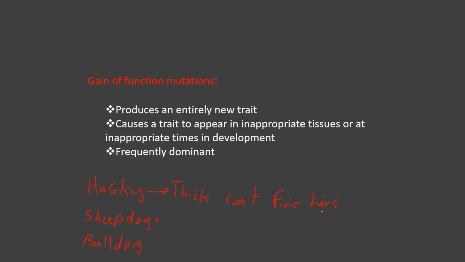But it would still be considered a gain of function because it didn't used to do it before. It does it now. You have gained something from it, therefore, right? And hopefully that makes sense to you, right? So you can have a gain of function mutation that is not necessarily a positive for the species based on when or where it occurs, right?